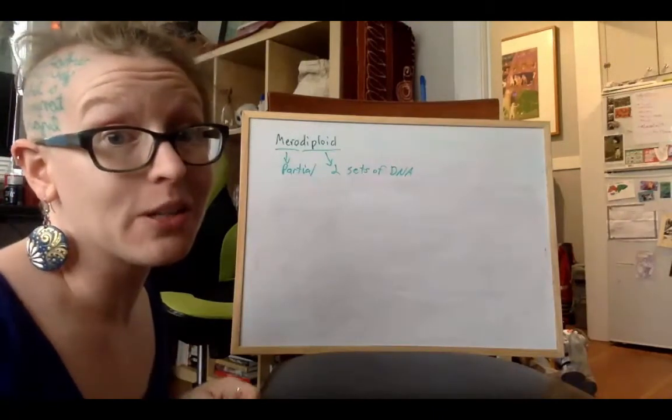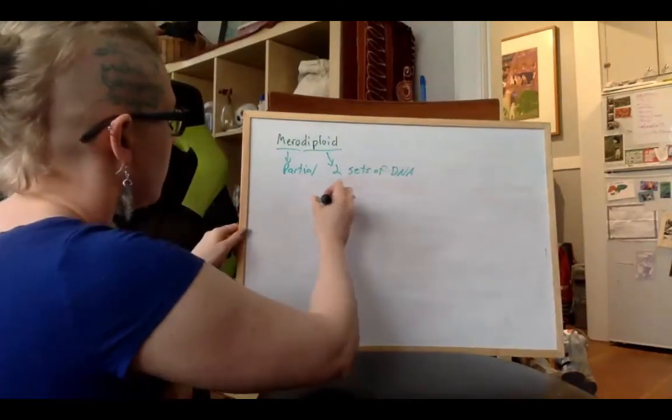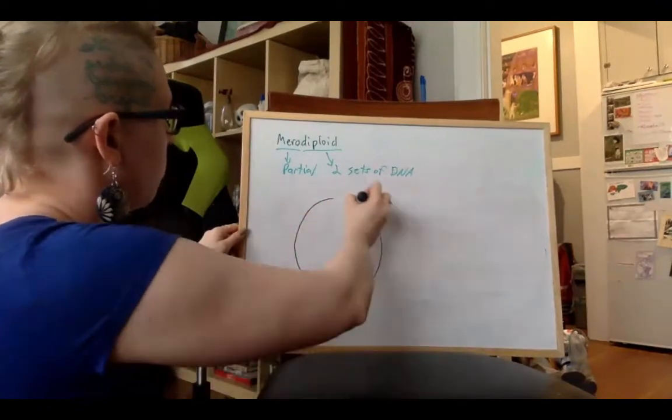This is how you make a merodiploid. We start with a bacteria. This bacteria has some chromosomal DNA, and it has an F factor.